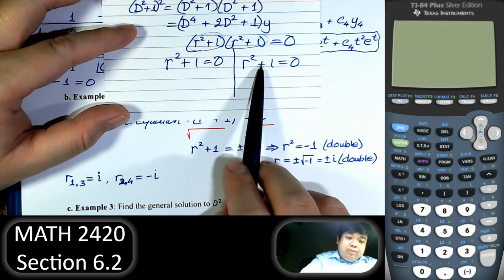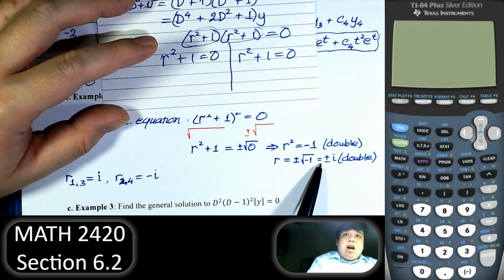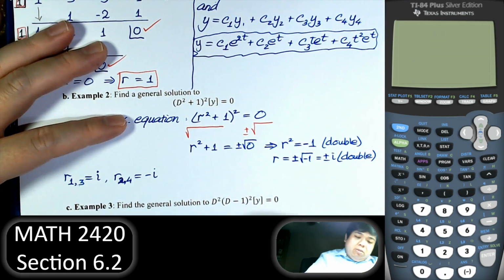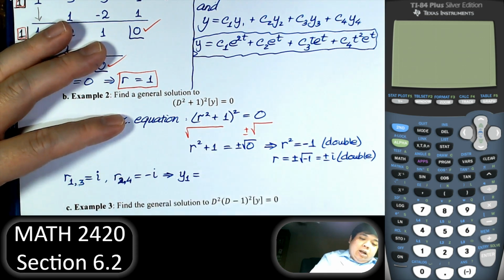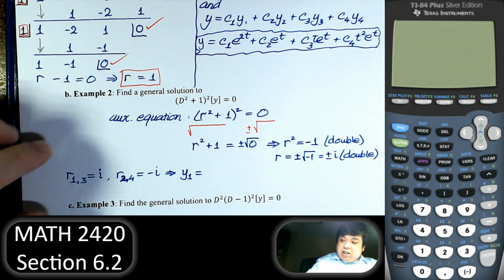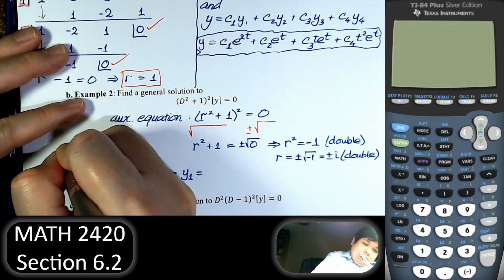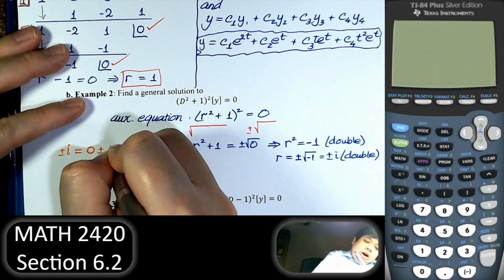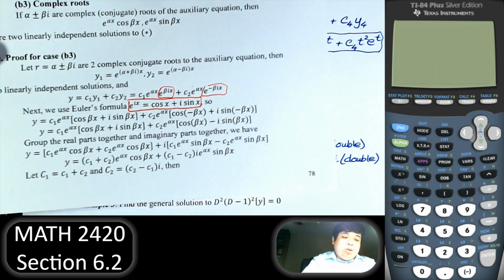We have a repeated root from one of them, and one of them has plus or minus i, so we repeat that again. By the way, if it's i, we can write this as a complex number, 0 plus or minus 1i. So we just write it like that, so it is easier to write the solution.